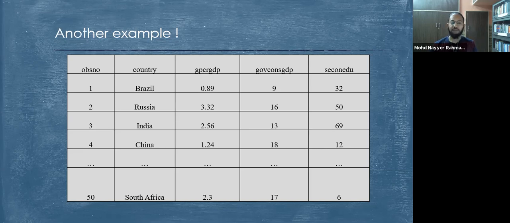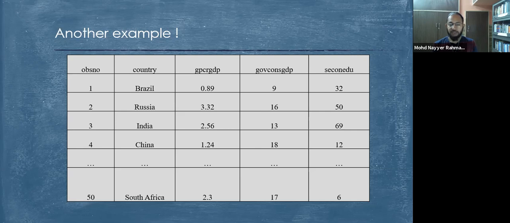And because we have countries here, what is important is that it still remains cross-sectional data, because Brazil comes only once in this data, Russia comes only once, India comes only once, and no specific time is mentioned. It means this data has been collected at a very specific point of time. Therefore, this data again falls under the category of cross-sectional data.